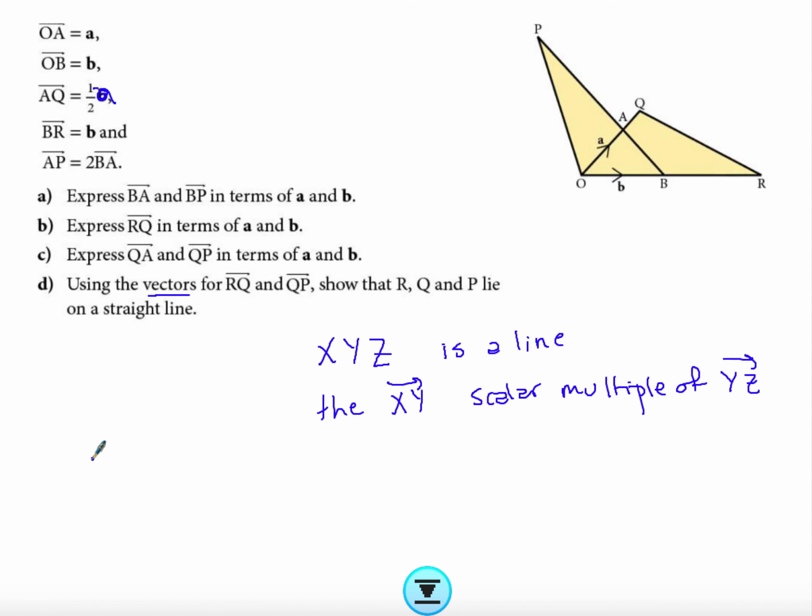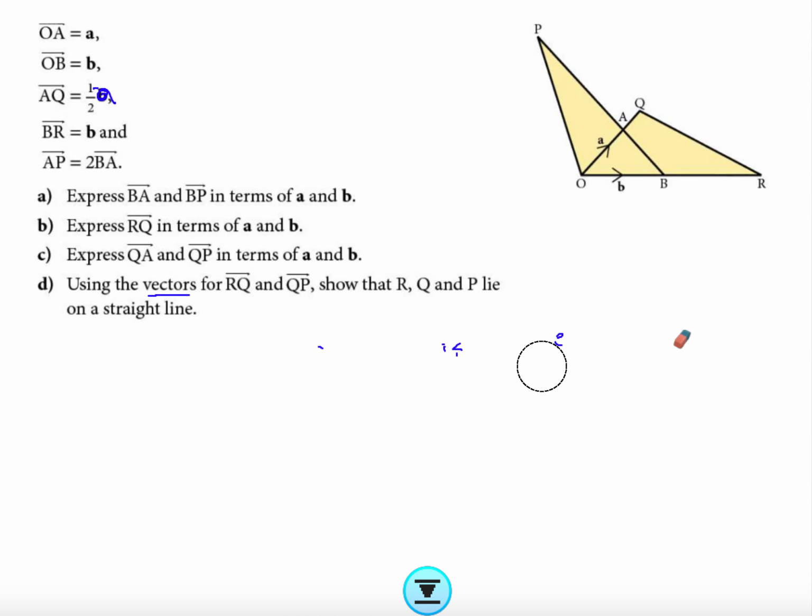So if I have the line RQP, I want to see what RQ is and what QP is, which is what the question asks you to use.